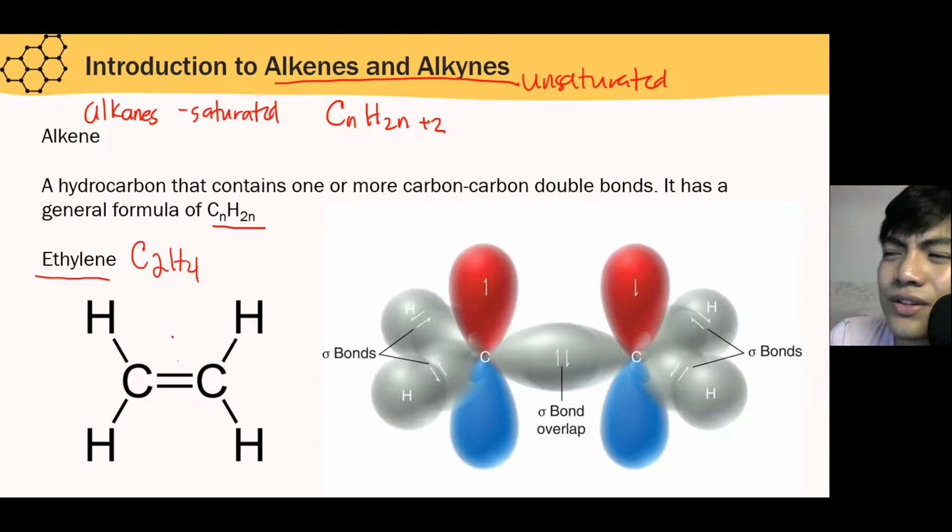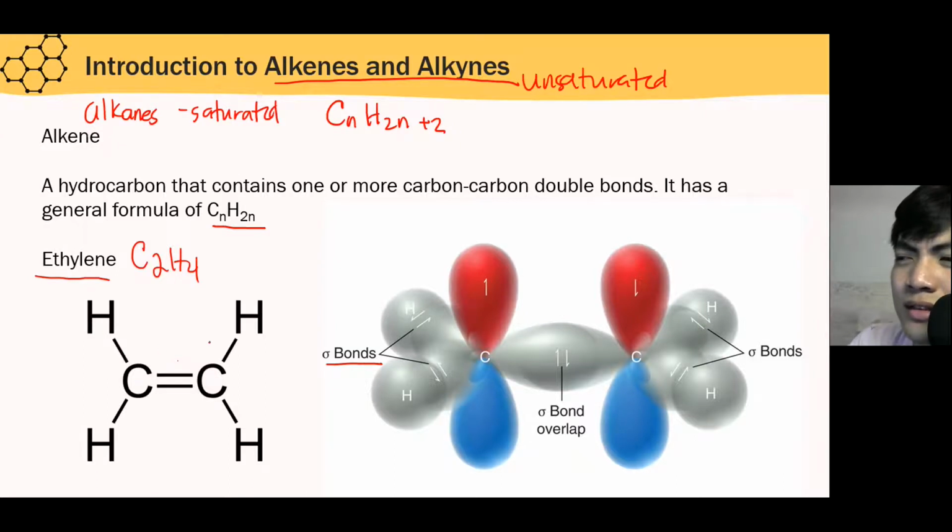The bond that is used to connect to a different atom is called a sigma bond. Meaning, sigma bond is the electrons that are used to connect with other atoms.